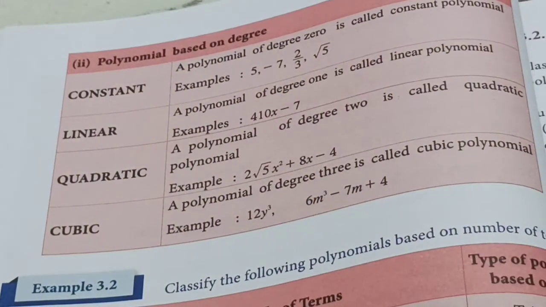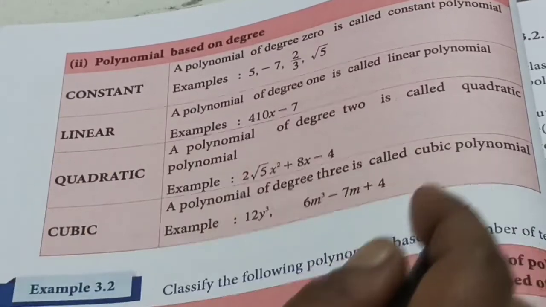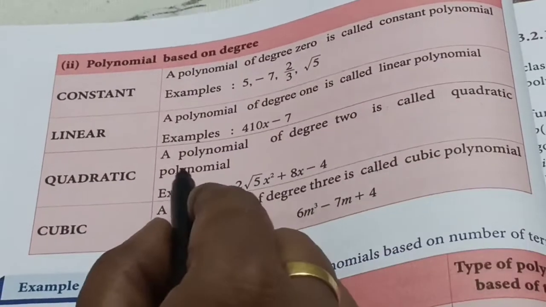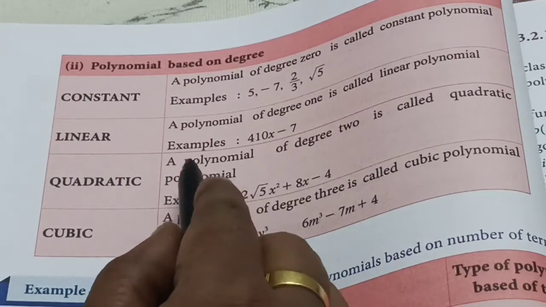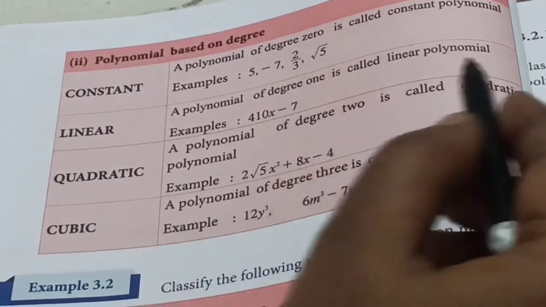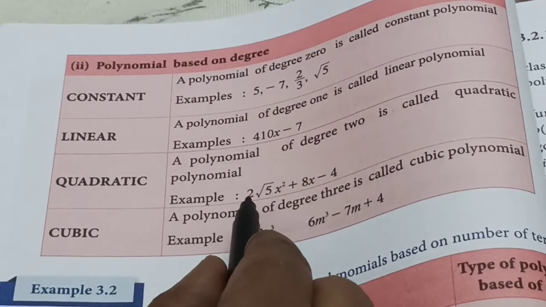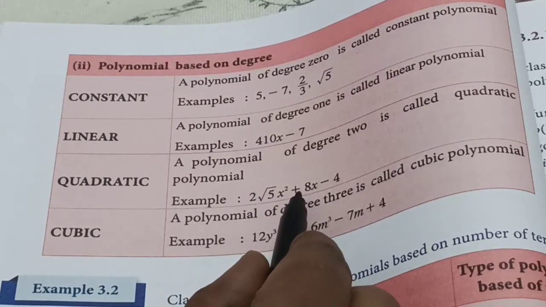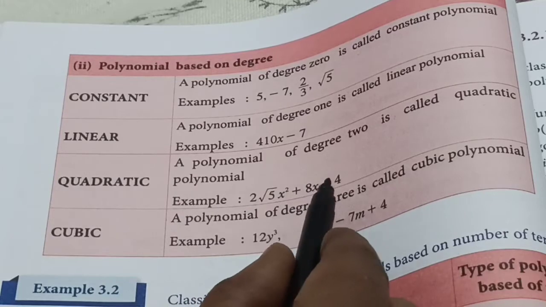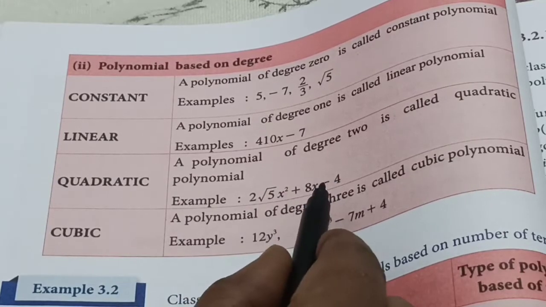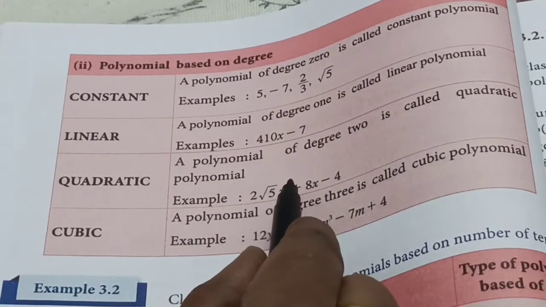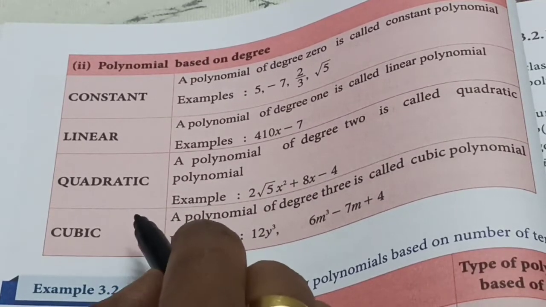So it is a linear polynomial. Okay, the next one, quadratic polynomial. A polynomial of degree 2 is called the quadratic polynomial. Degree 2 means, here example you see: 2 square root of 5 x square plus 8x minus 4. Degree 2, isn't it? This is a quadratic polynomial.